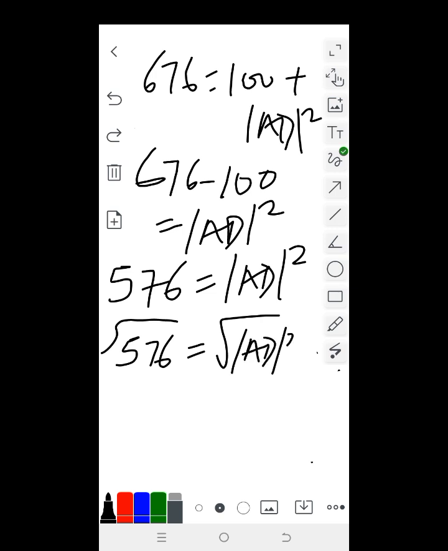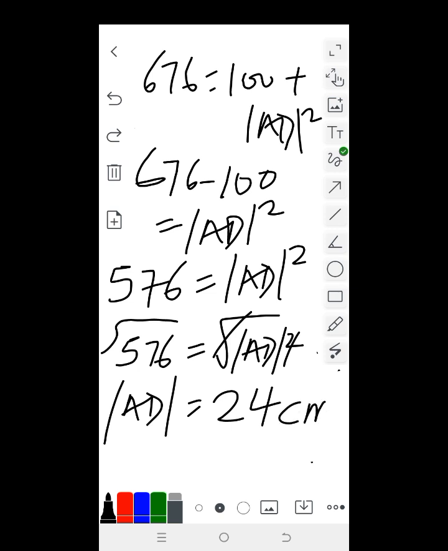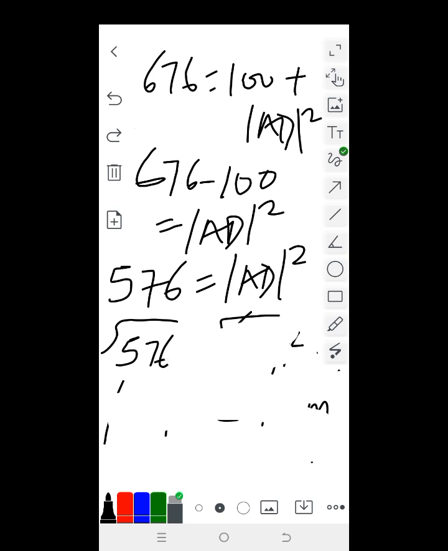So the square root of 576 is equal to line AD, and that becomes 24, because 24 times 24 will give you 576.